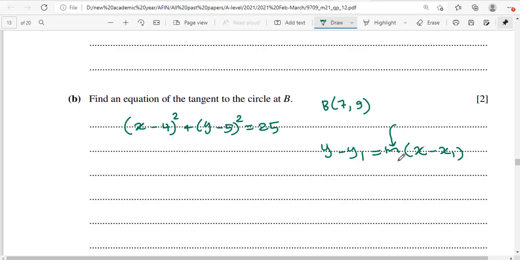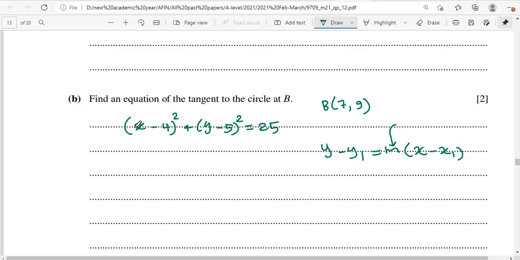And gradient is derivative. Gradient is derivative at a point. Then let's find the derivative here. The derivative will be gradient. We need to find y prime or dy dx.